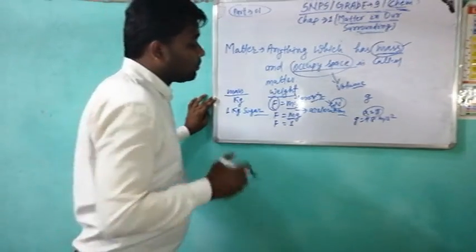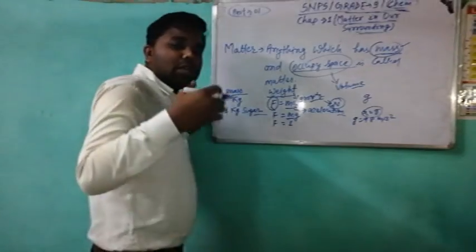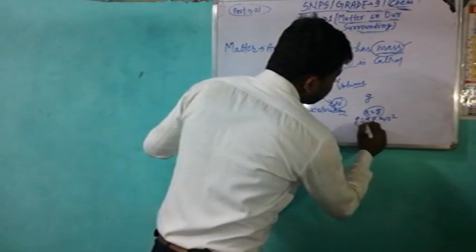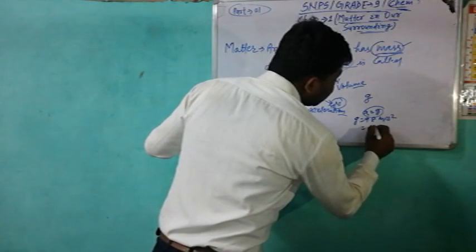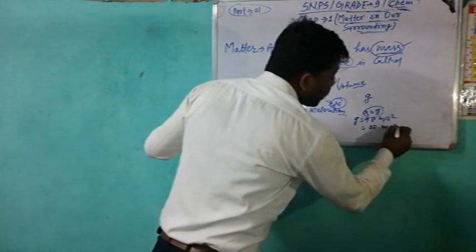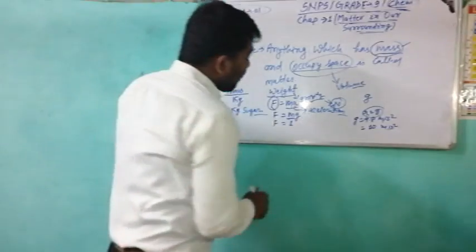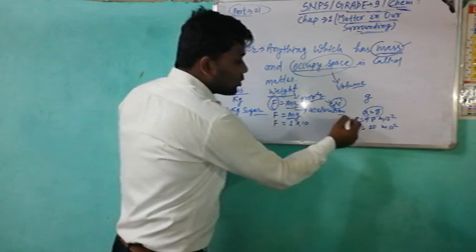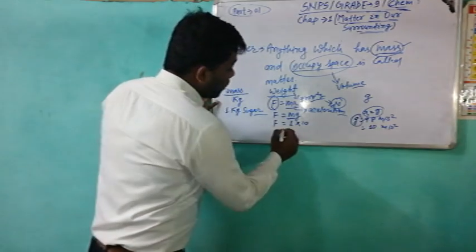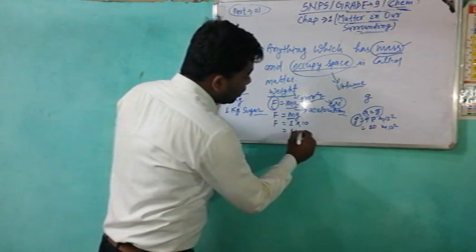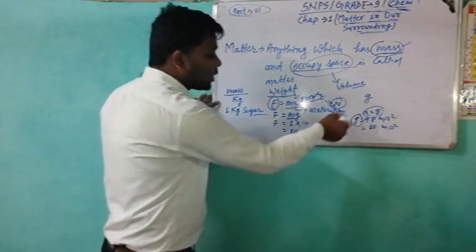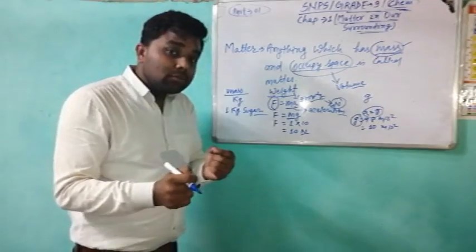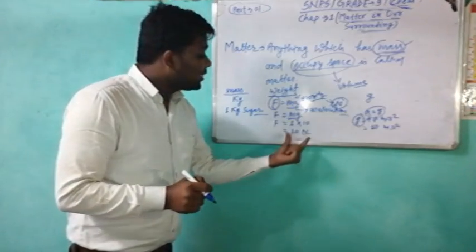In particular cases we also take it as 10 meter per second square. So F is equal to 1 into 10, which is 10 Newton. So the weight of 1 kg of sugar is 10 Newton.